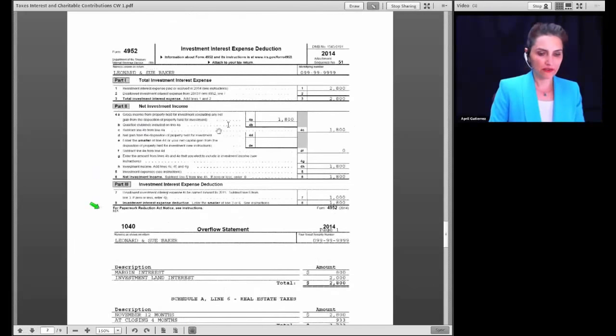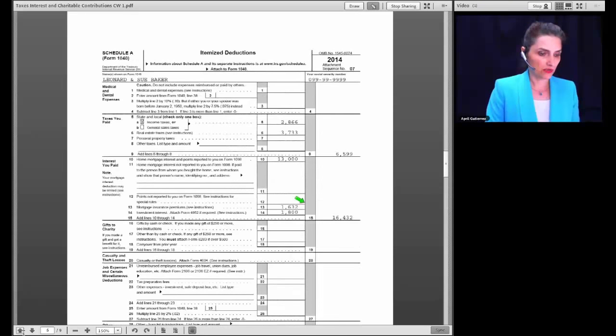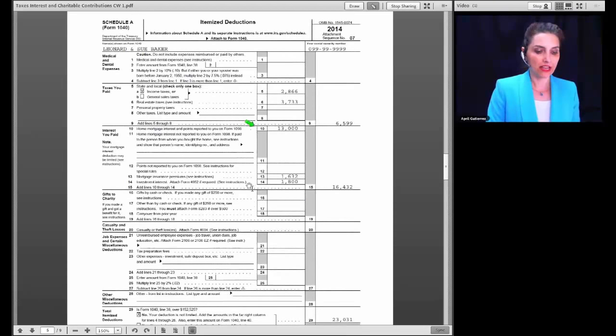On the 4952, we're going to enter $2,800 of investment interest expense. On line 4, we're going to enter the investment income. Of course, the investment income is less than the investment interest expense, so they're going to be left with a $1,000 carry forward and a deduction amount of $1,800. So we're going to go up to the Schedule A, and on line 14, we're going to enter that $1,800.